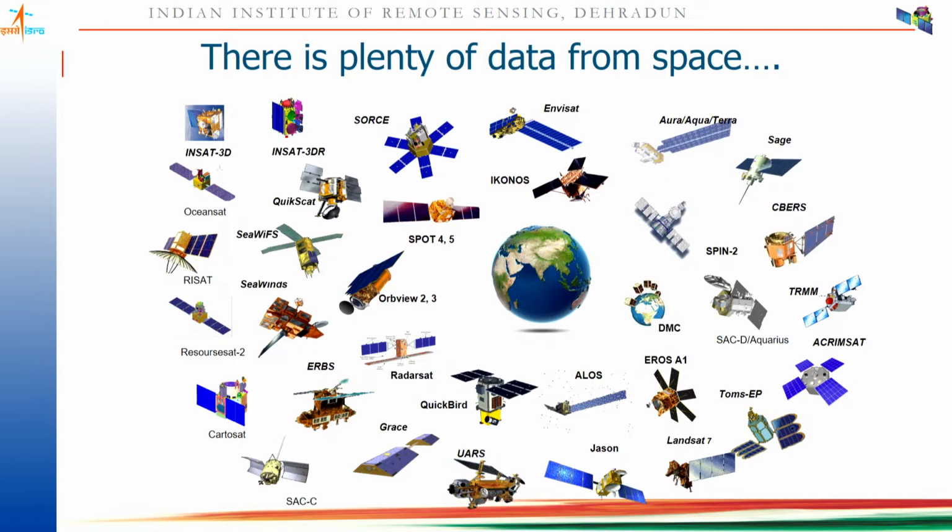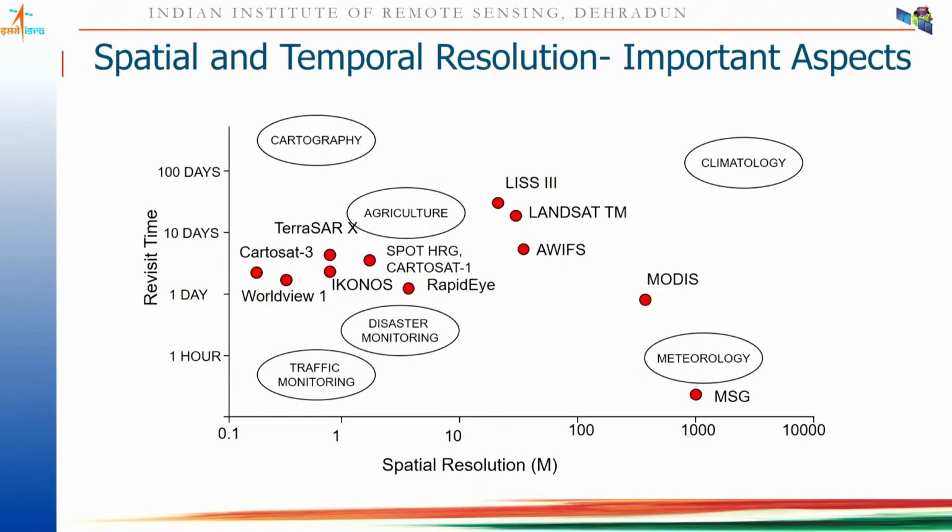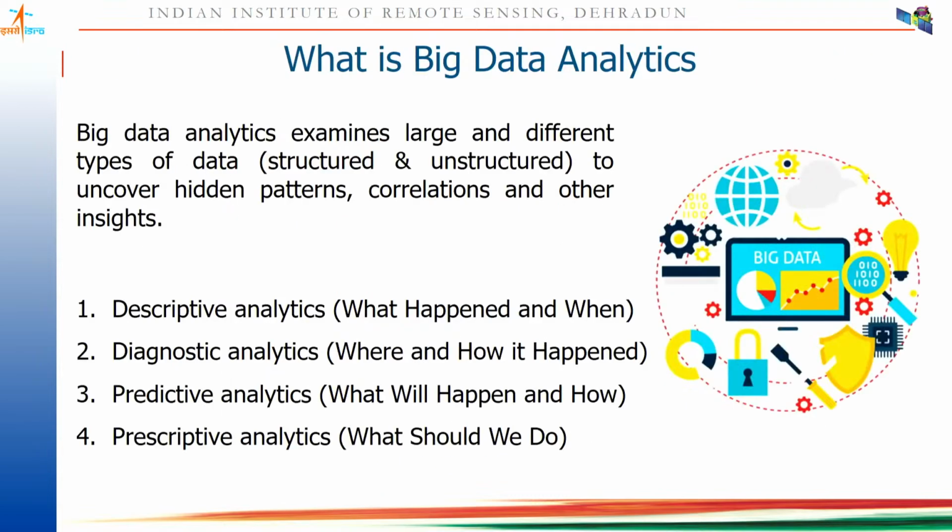And this is temporal data, getting updated very, very frequently. Some give data every 5, 10, or 15 minutes, while a few sensors or satellites give data on a daily, weekly, fortnightly, or maybe monthly basis.